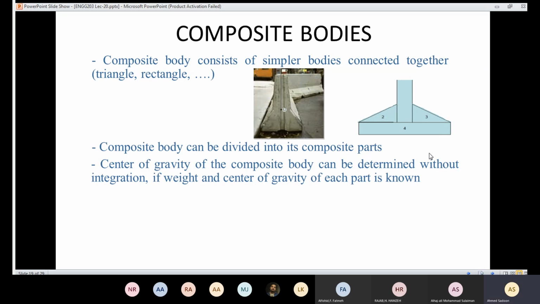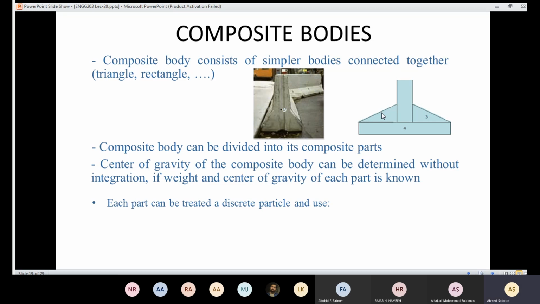But I need to know the weight and the center of gravity of each part. So I need to know the center of gravity for that part, and that part, and that part, and that part. In this case, I'll be able to determine the centroid or the center of gravity for the composite body without using the integration.